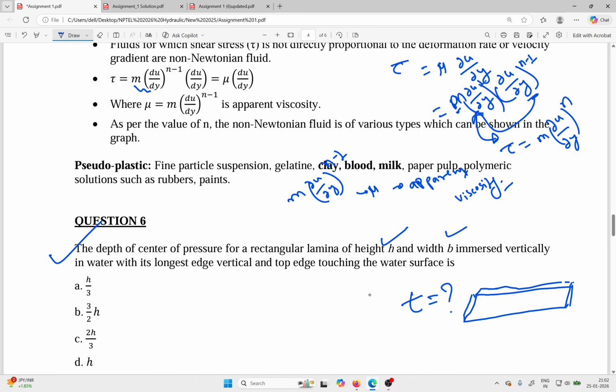Let me just draw the height. This is your height h, and this is your width b, height h, width b, and the thickness is this, very, very small.